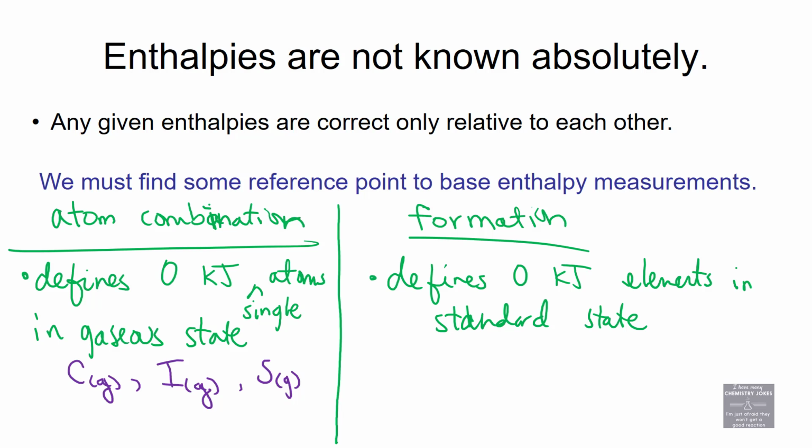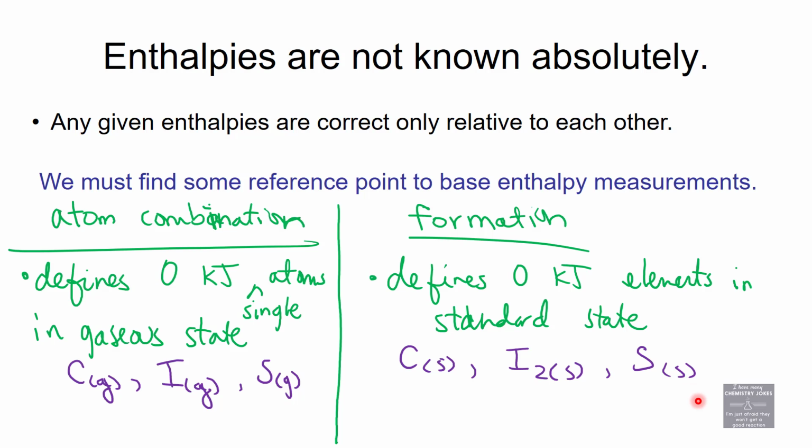In a formation table, carbon as a solid because that's its standard state, or iodine as a diatomic solid, or sulfur as a solid, those values will be defined as 0 for formation enthalpy tables.